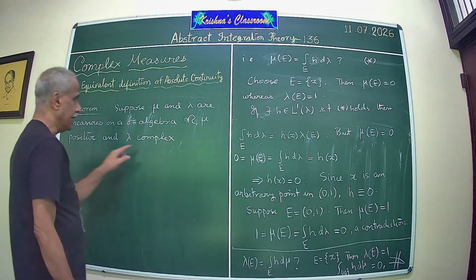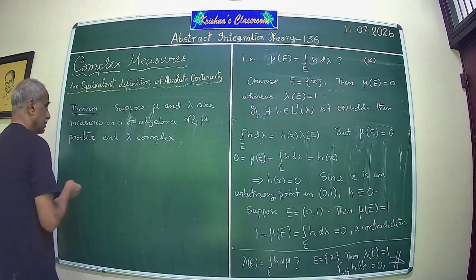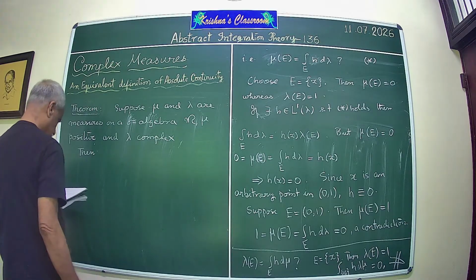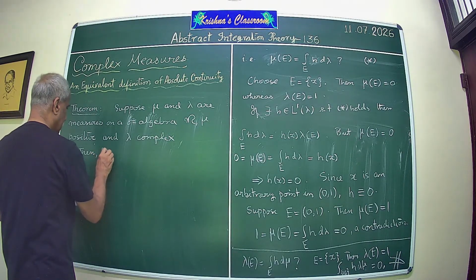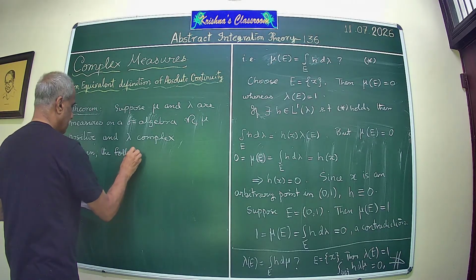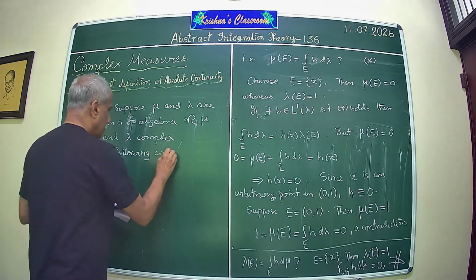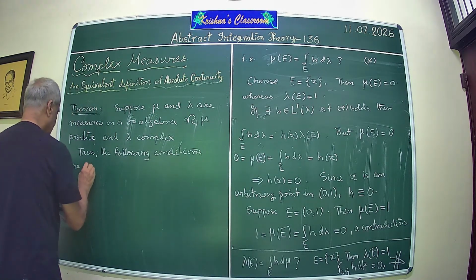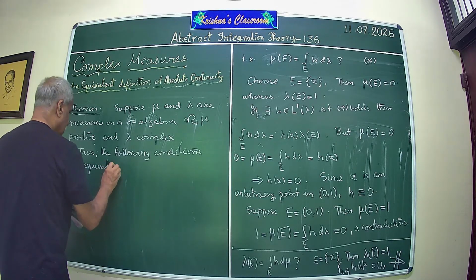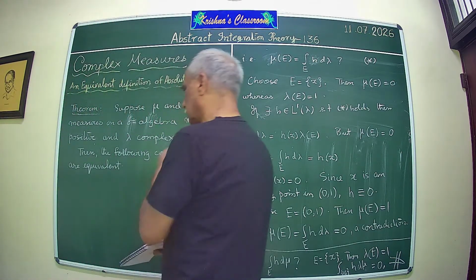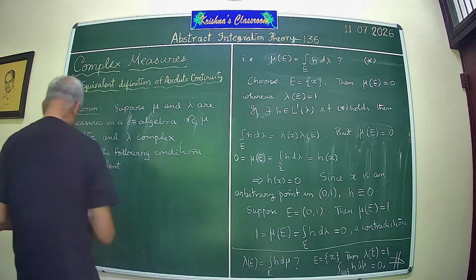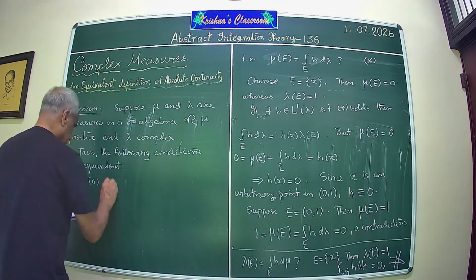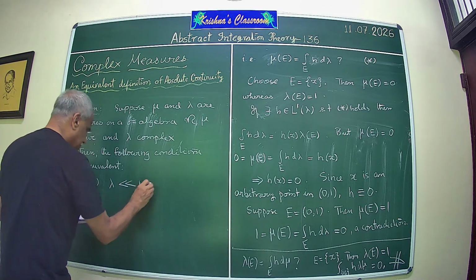Okay, we are not anymore assuming that. So I will make a remark. The following conditions are equivalent. What are the conditions? A, lambda is absolutely continuous with respect to mu.